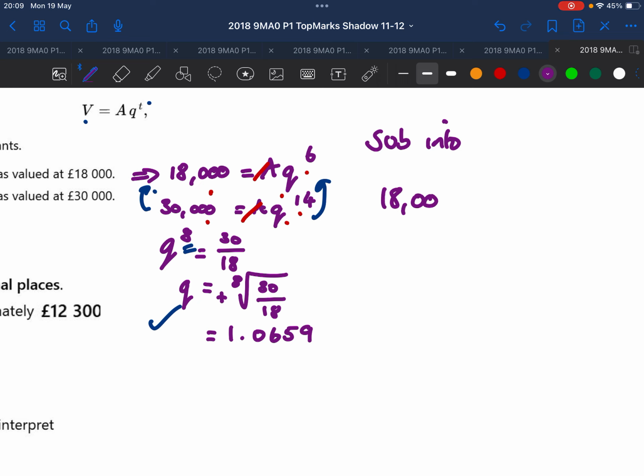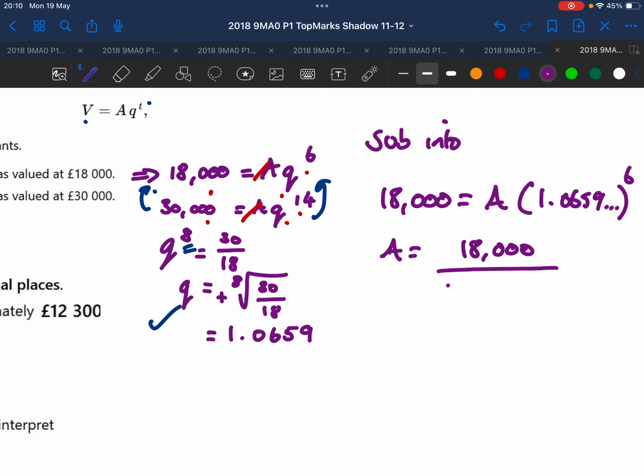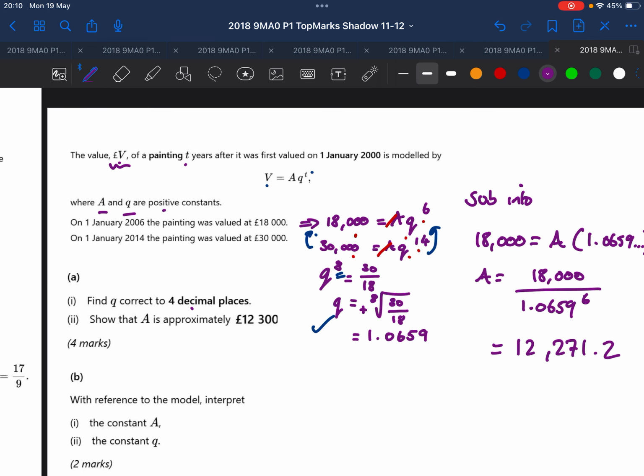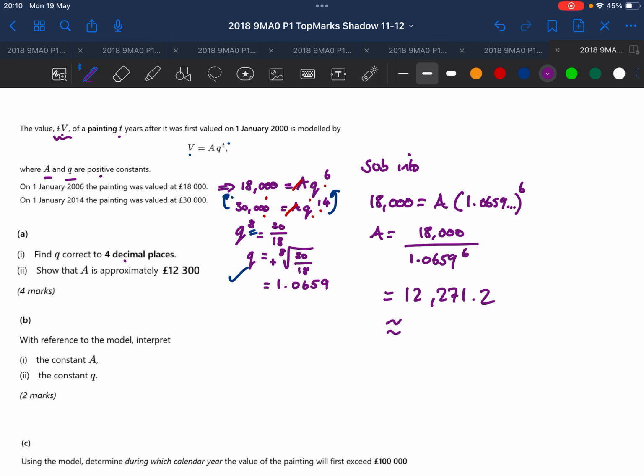So 18,000 equals A, and then this is going to be 1.0659 ... I'd store that in my calculator to the power of 6, and I would say A equals 18,000 divided by that 1.0659 to the power of 6, and I get an answer of 12,271.2. They want to show that it's approximately, so I'll just say that that's approximately 12,300.